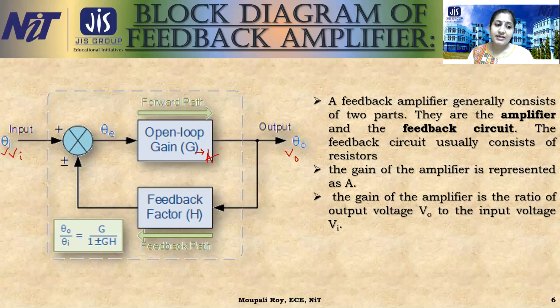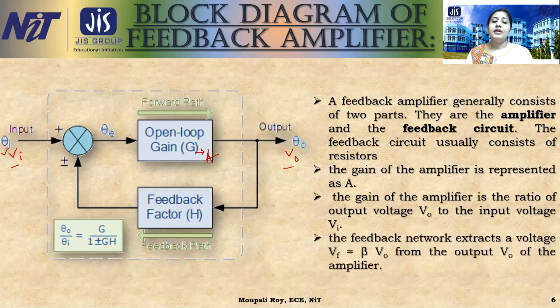So if we consider voltage, Vi is our input, V0 is our output. The open loop gain, that is the gain of the amplifier, is A, and the feedback network gives the feedback voltage, that is Vf.